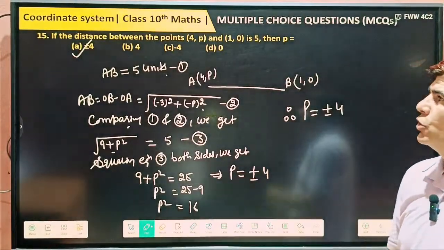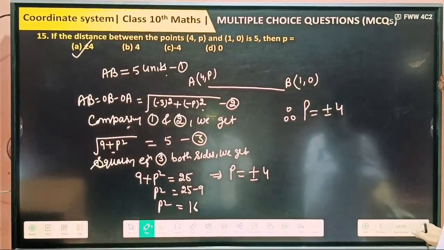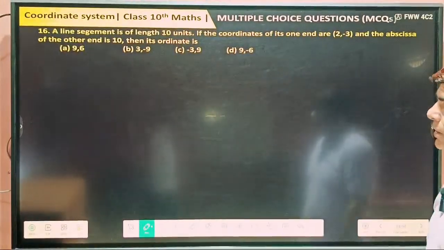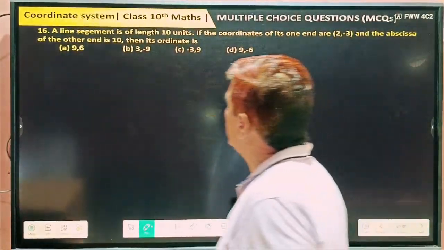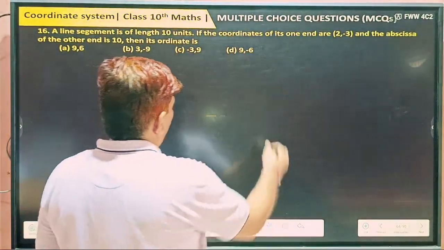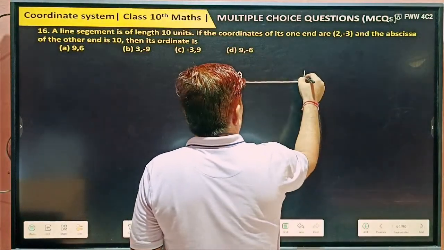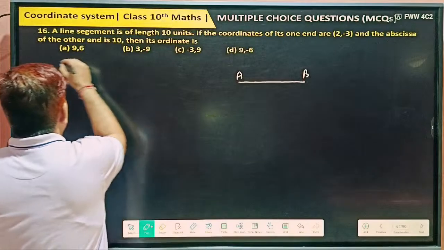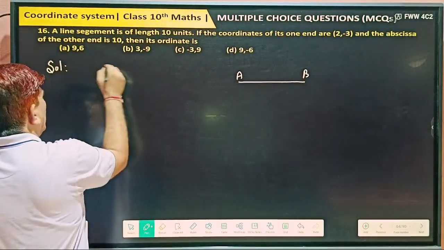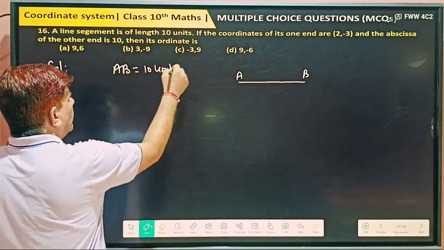That was question number 15, multiple choice. 16. A line segment is of length 10 units. So we have taken a line segment AB. So first we can write in its solution AB equal to 10 units.